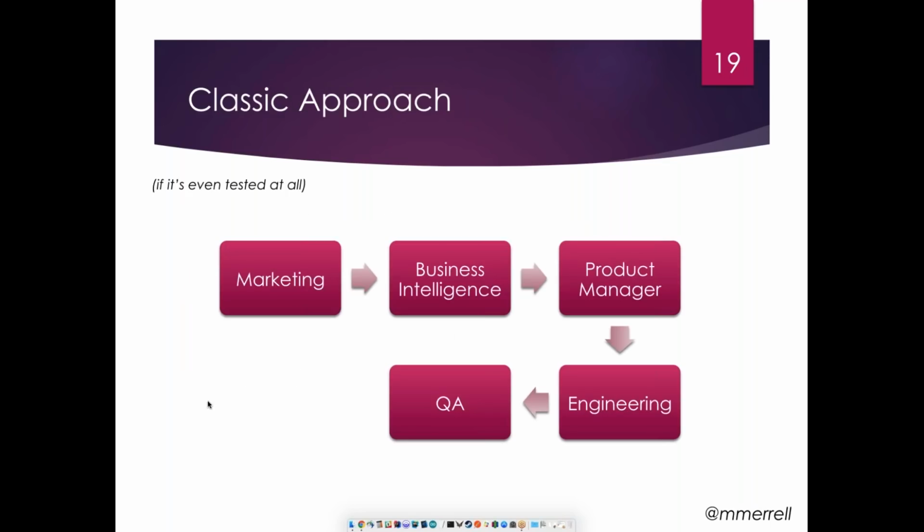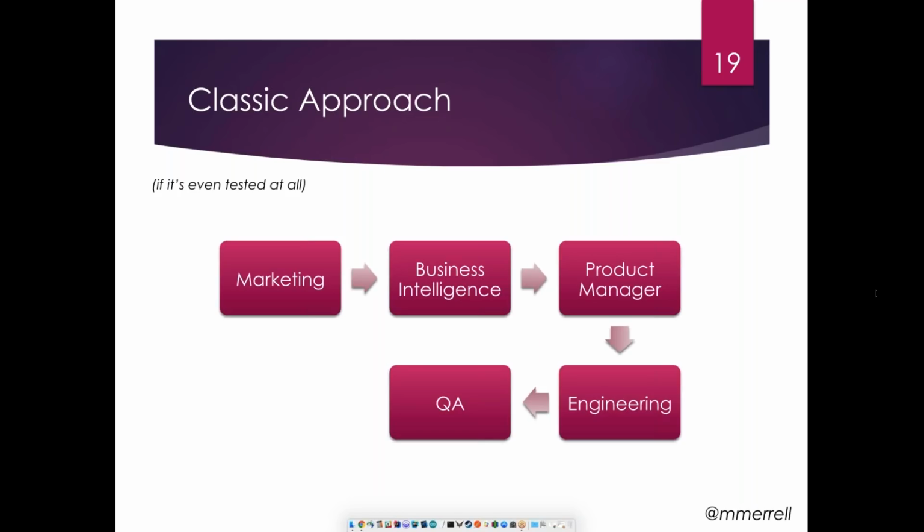So how this stuff gets developed in my experience, this is where I make broad sweeping generalizations that are not always true. However, it is based on experience and conversations with hundreds or thousands of people all over the industry. But marketing wants to implement a new feature. Somebody wants to, in our case, marketing, for example.